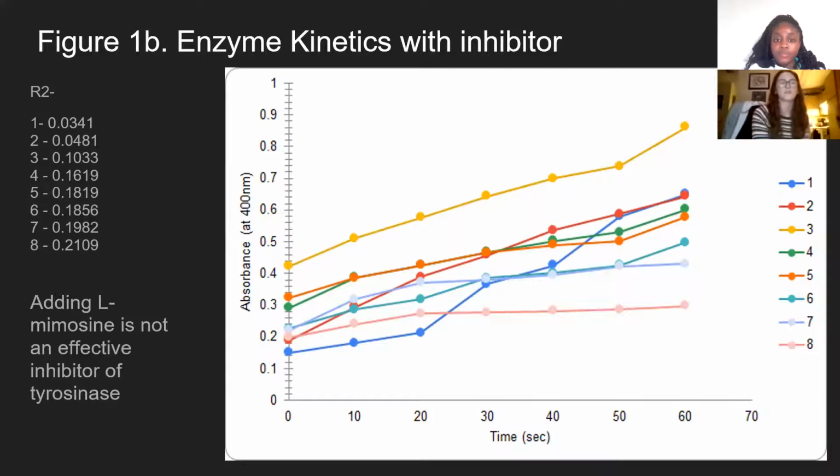Our inhibitor was L-mimosine. As you can see from our R-squared values, these values are not significant because they all fall below 0.5. Looking at this data, we think that L-mimosine was not an effective inhibitor of tyrosinase in this experiment.